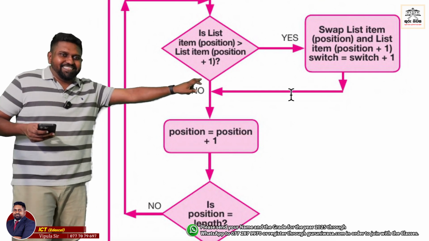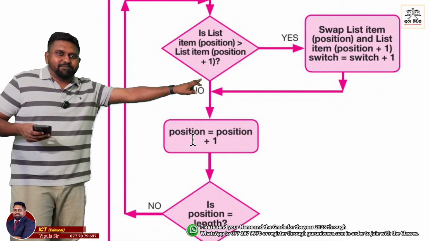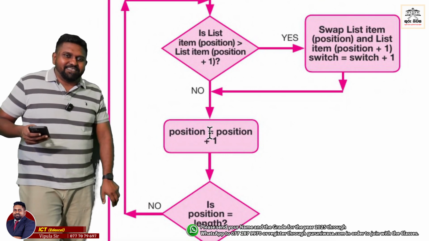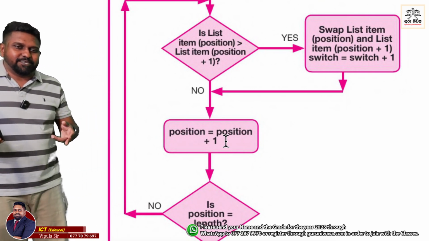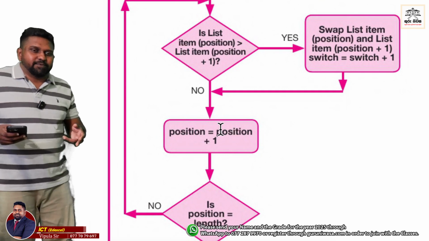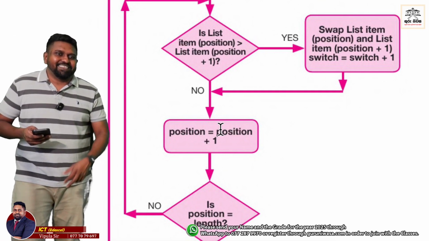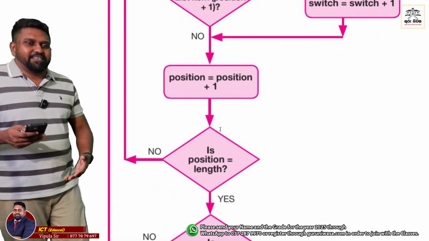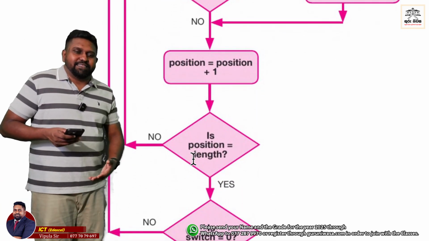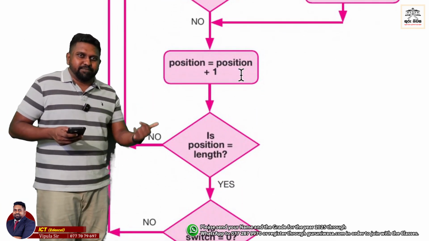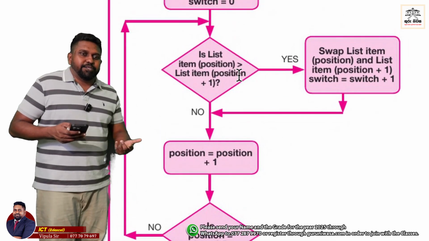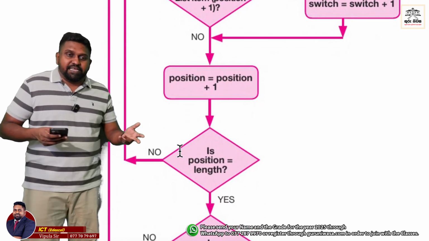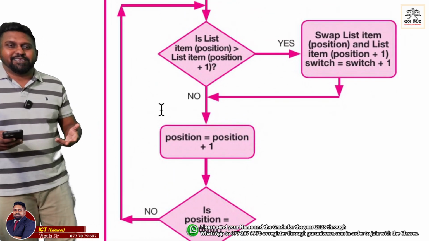Now these two have been changed, so the position is equal to position plus 1. Then we check the position against the length. If the position hasn't changed, then it automatically goes up.